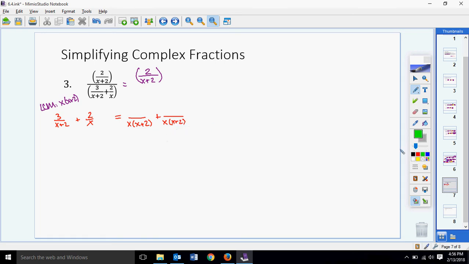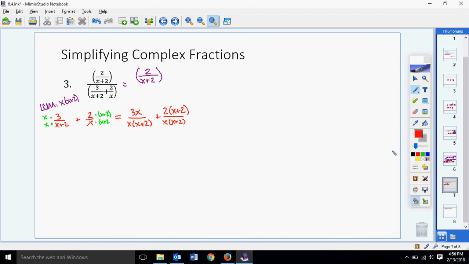So what is lacking in my first fraction? Well, it has an x plus 2, so it looks like I need to multiply it by x. When I do that, my numerator now becomes 3x. Second fraction is lacking x plus 2. So this is going to become 2 times x plus 2.